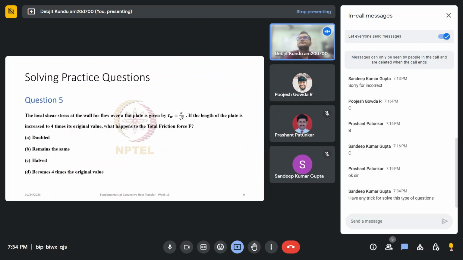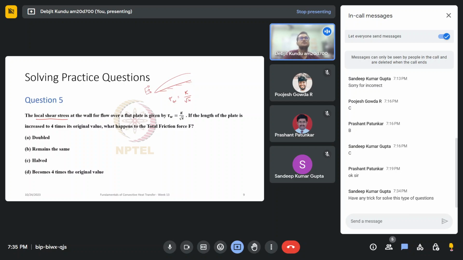We'll move to question number 5 now, which is a conceptual question. It's asking about the local shear stress at the wall for flow over a flat plate. So the situation is I have a flat plate like this and flow over it. Obviously a boundary layer forms, and the local shear stress is given by tau w equal to some number divided by square root of x. We saw this from the Blasius solution also.